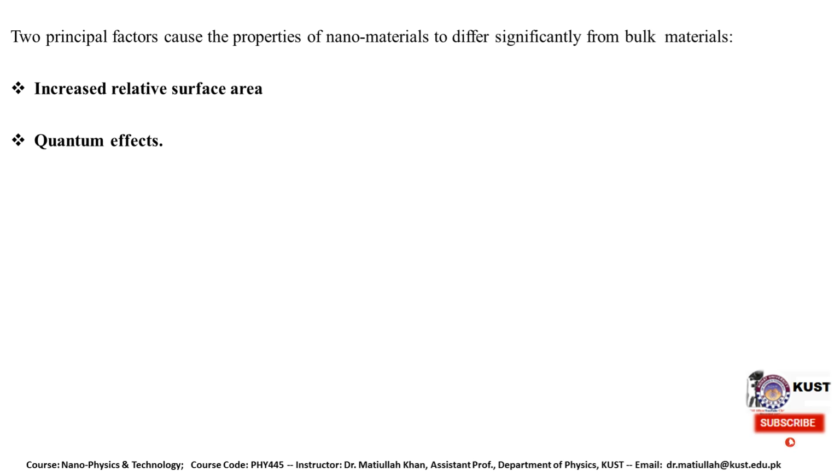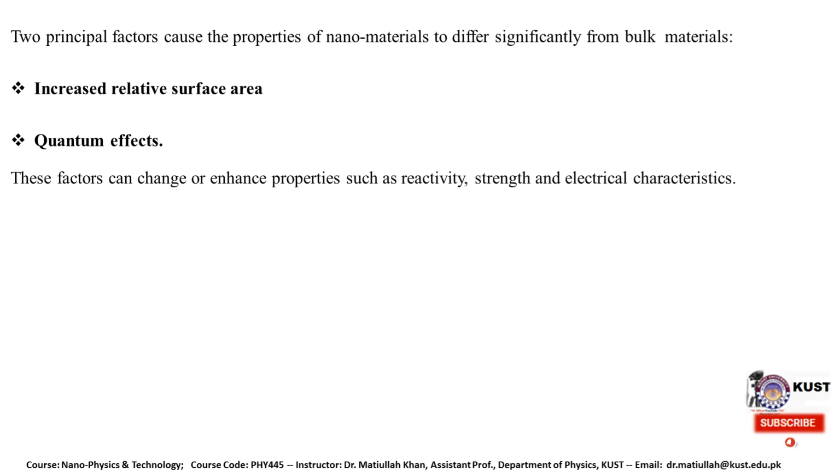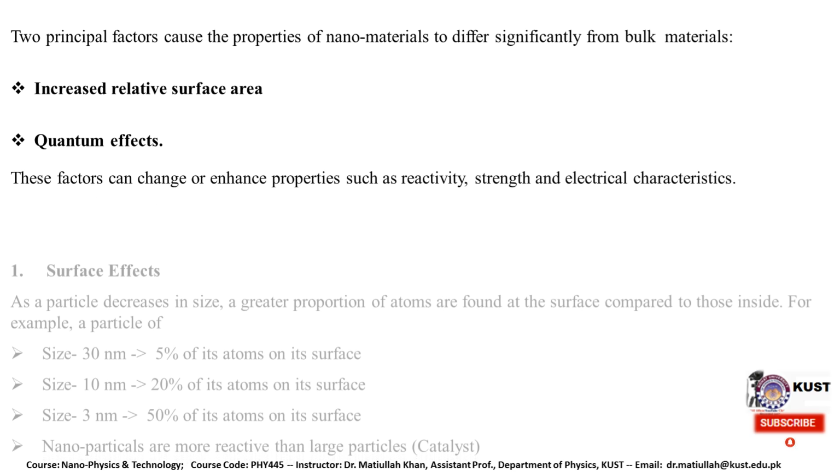The two reasons are that nanomaterials have increased relative surface area and quantum effects. When we move toward lower particle sizes, the quantum effect occurs. These factors can change or enhance properties such as reactivity, strength, and electrical characteristics.